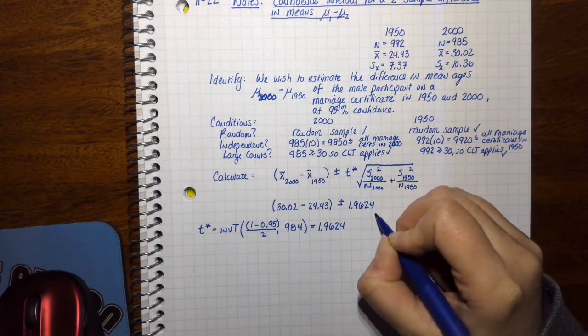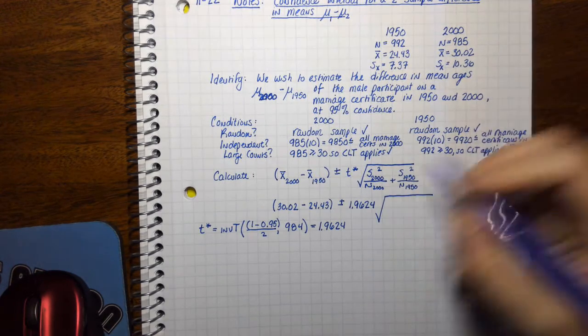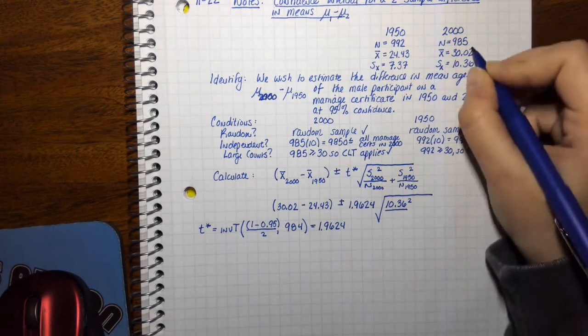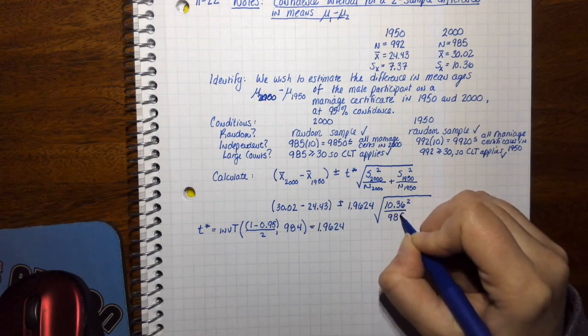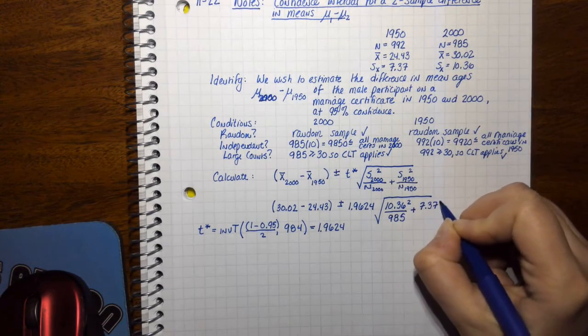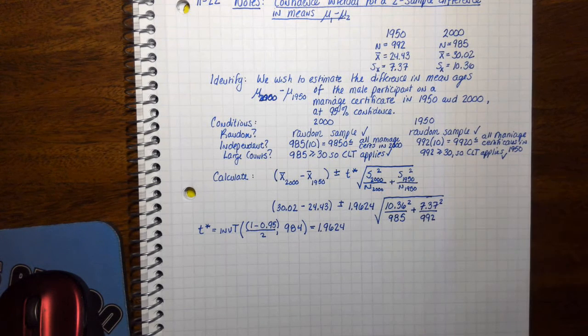Okay, so 1.9624 times the square root of 10.36 squared over 985 plus 7.37 squared over 992. Okay, great.